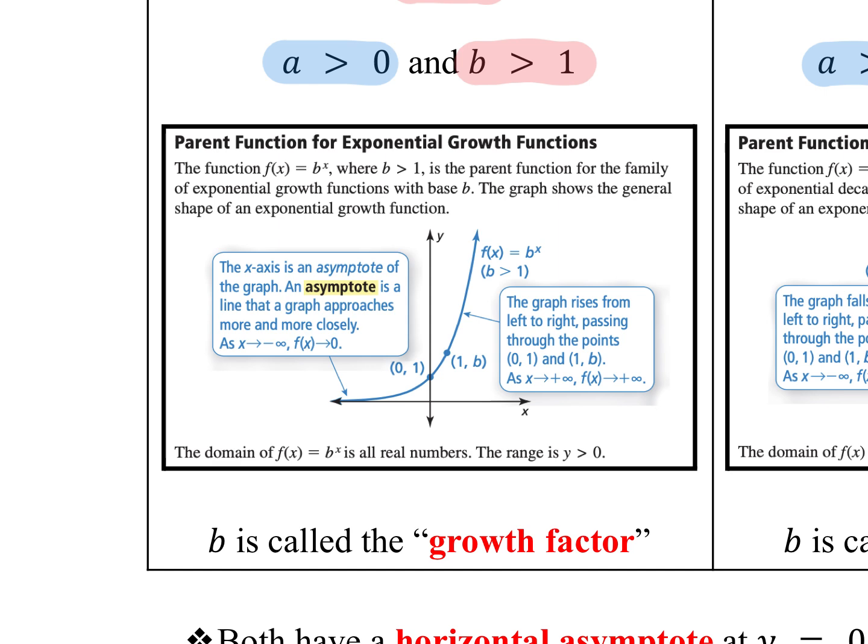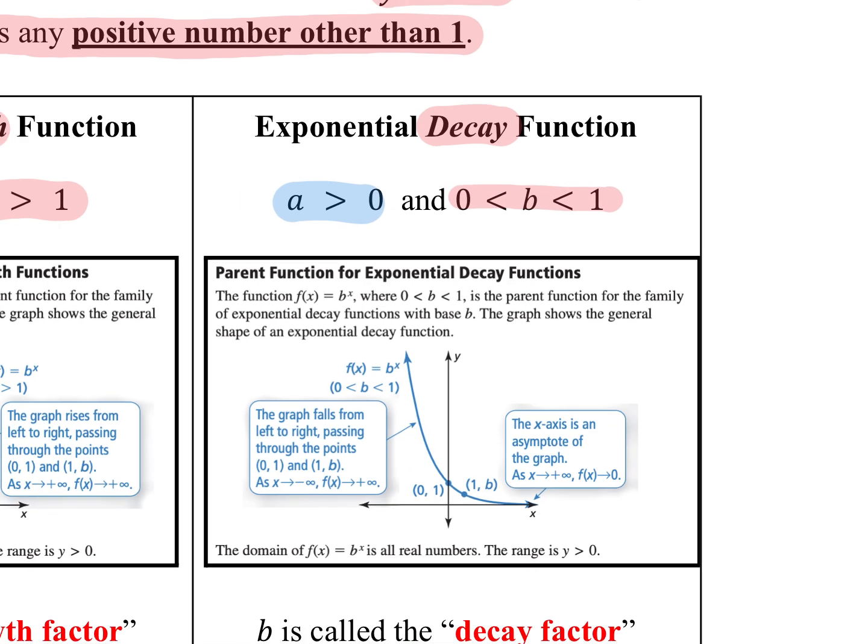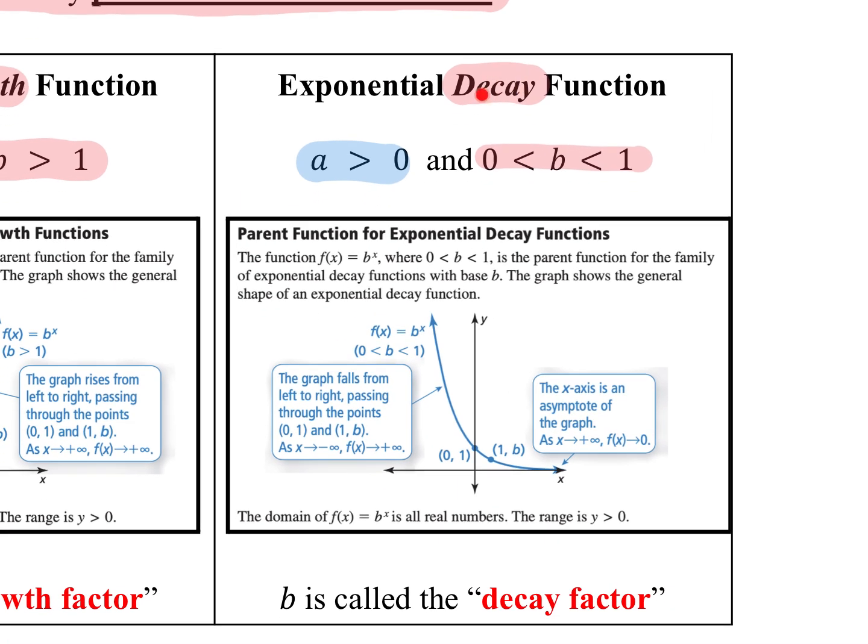And if you, again, have that positive a value, but your base is between 0 and 1, we call this an exponential decay function. Just like you saw in the warm-up when it was 1/2 to the power of x, we have a decreasing graph. So as x gets larger, my y value gets closer and closer to 0. So we call this exponential decay.